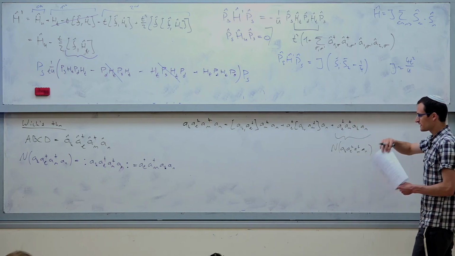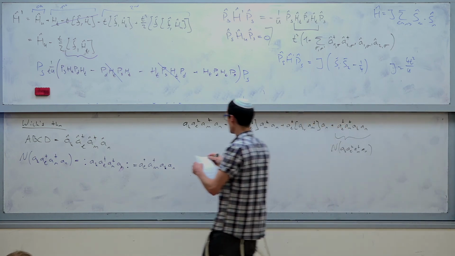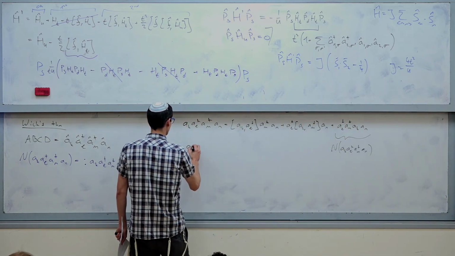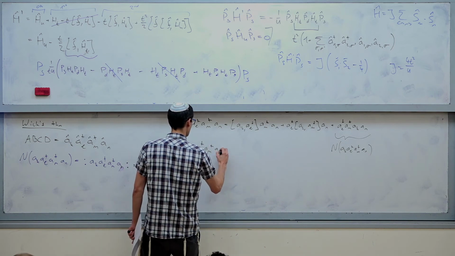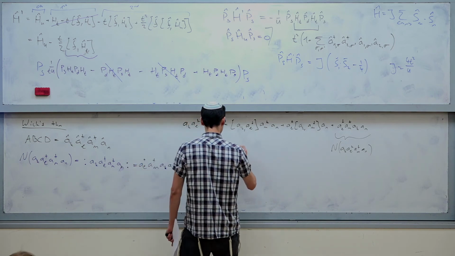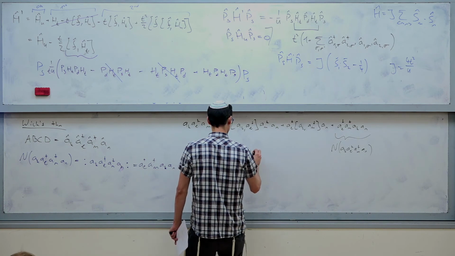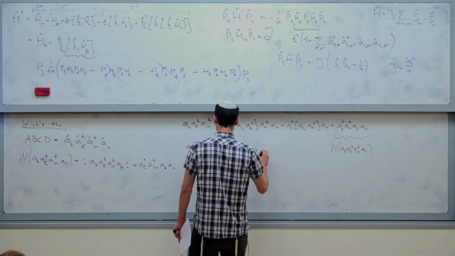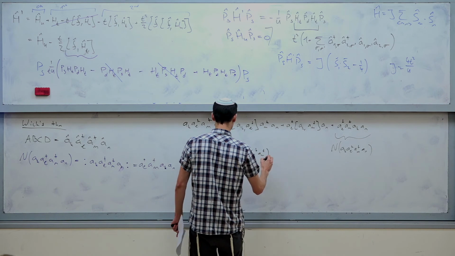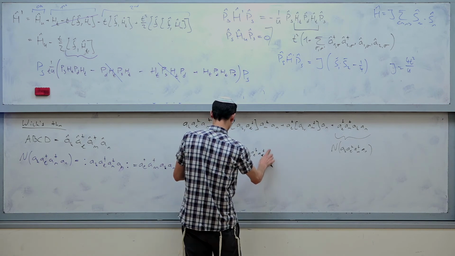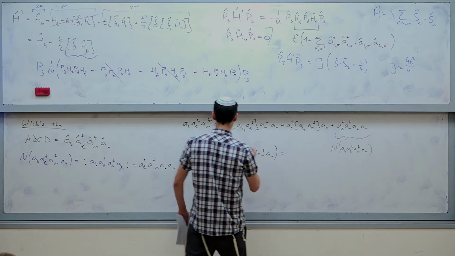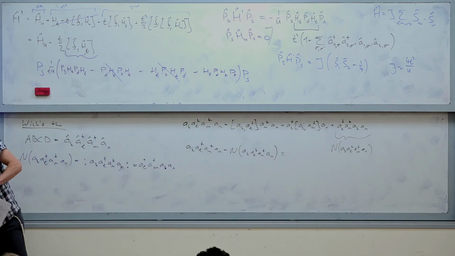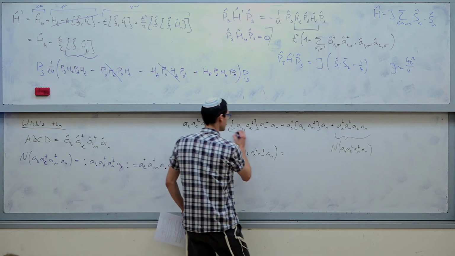In other words, the difference between the original operator, the unordered operator, and its normal order is, writing it down again, this thing here.